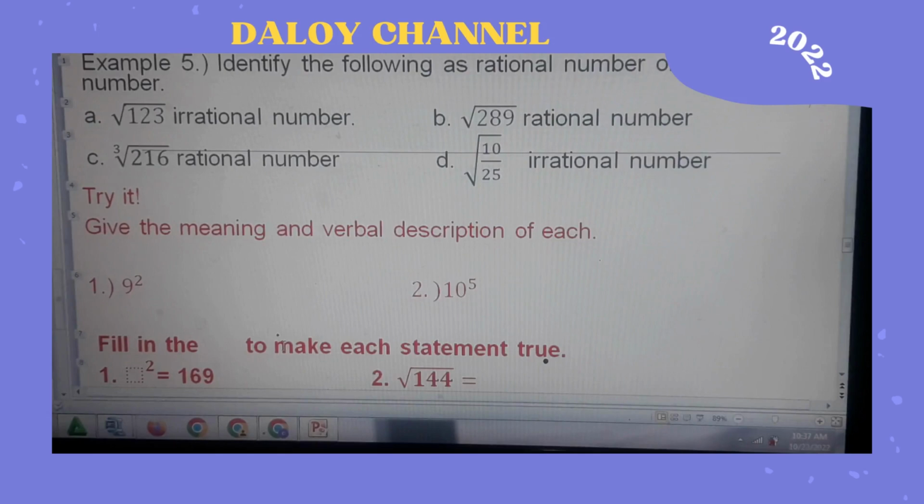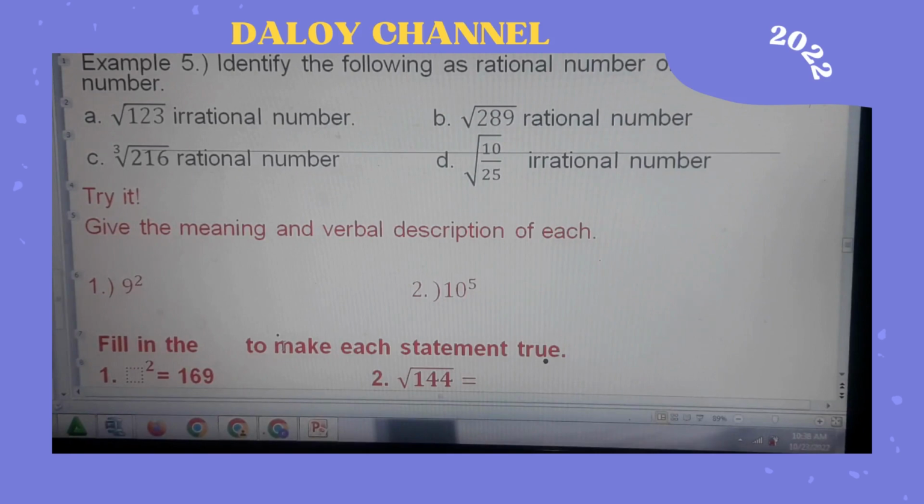These are numbers with repeating non-terminating values or terminating values. And irrational numbers are non-terminating, non-repeating numbers.